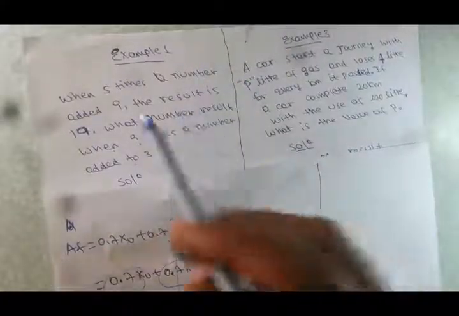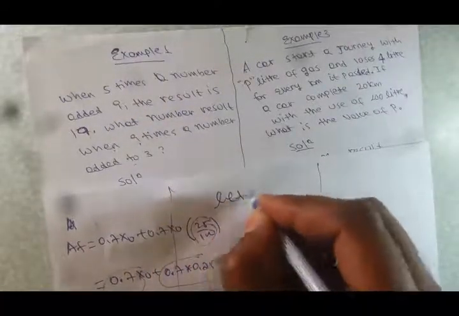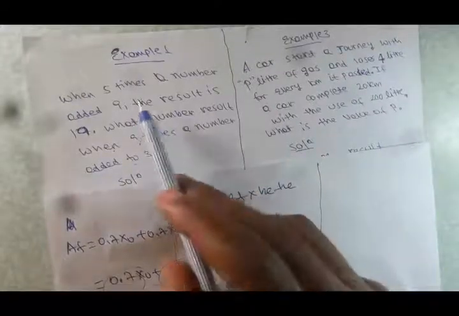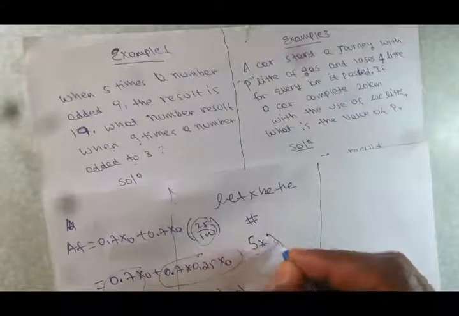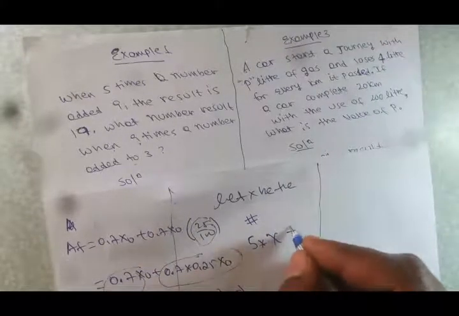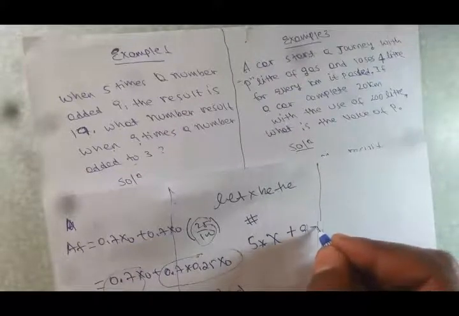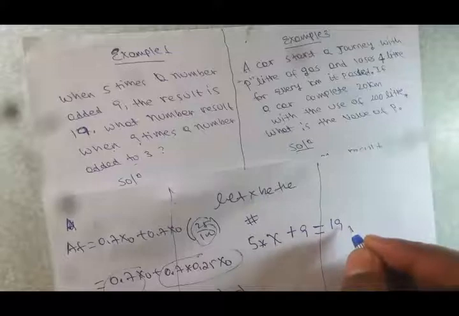And example 1 states that when 5 times a number, let x be the number, is added to 9, the result is 19.